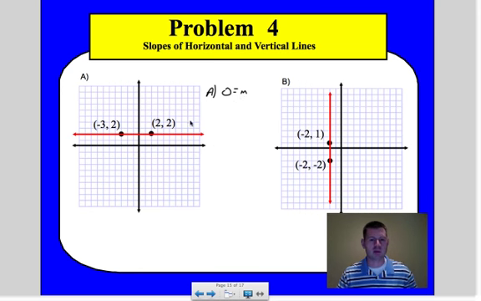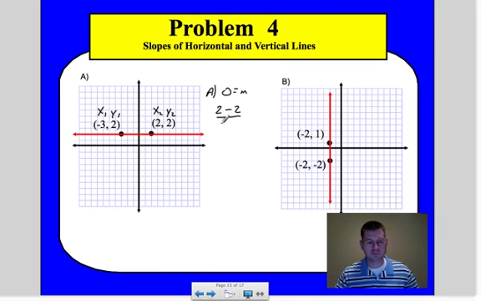Well, let's figure out how we know that. Well, we still go to our y2 minus y1. Well, y2, since it's the second point, we'll call this y2, making this y1. So y2 minus y1 is 2 minus 2, and then this would be x2 and x1.